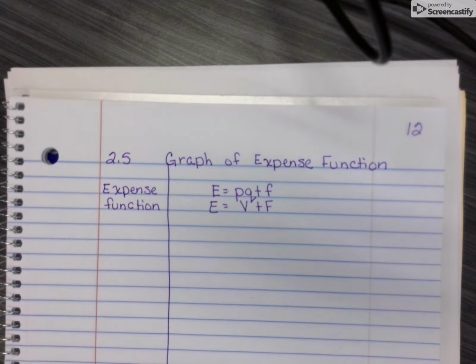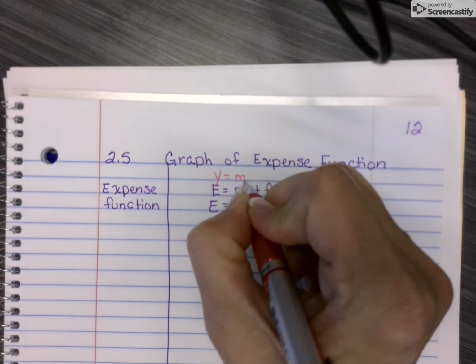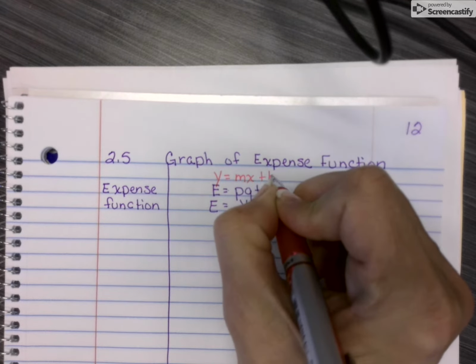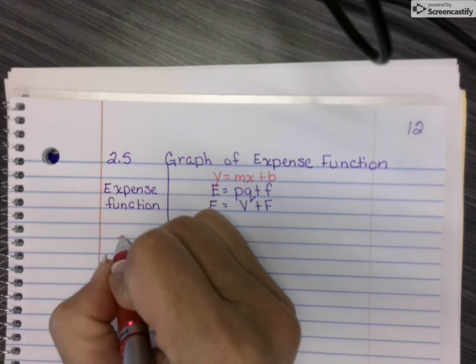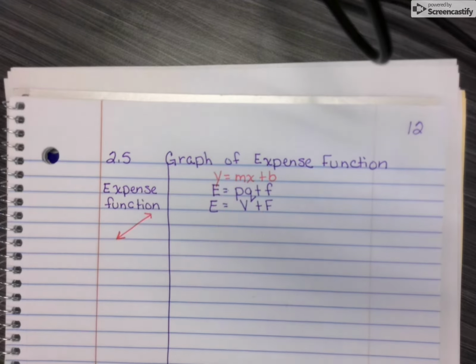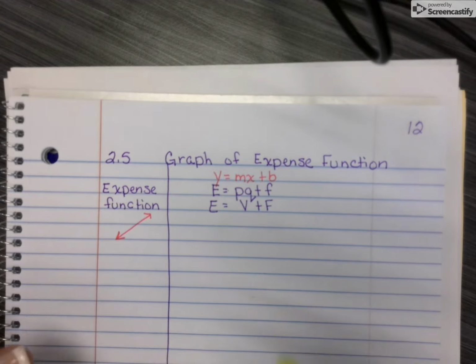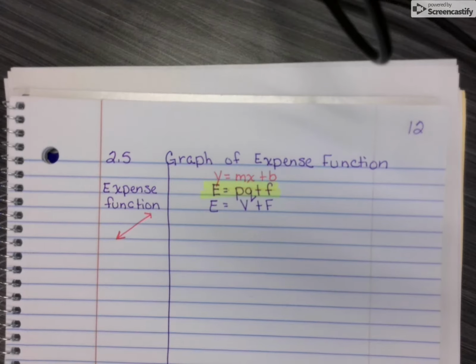Now, E equals PQ plus F really sounds like y equals mx plus b, which is the equation of a straight line. So our expense function is going to be a straight line, and it should actually be going down, but that's okay. So our expense function is price times quantity plus fixed.